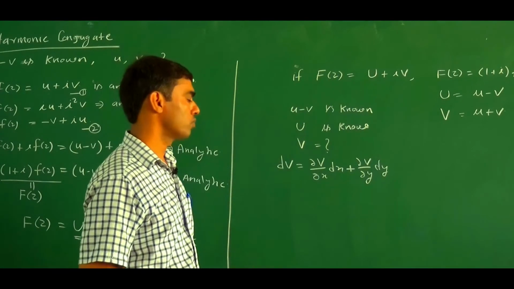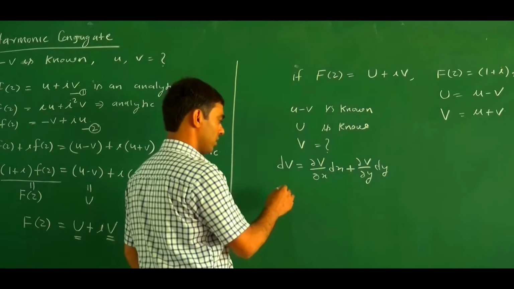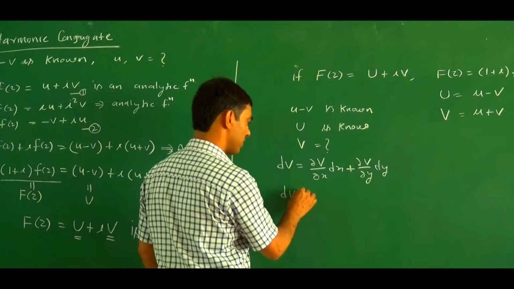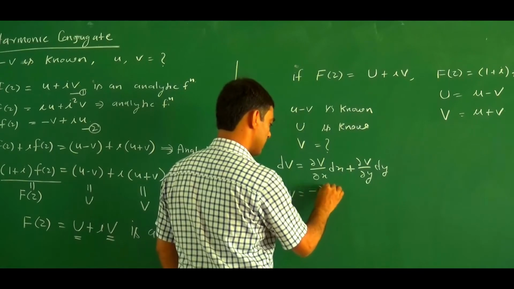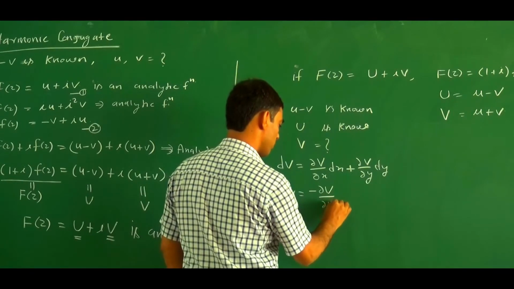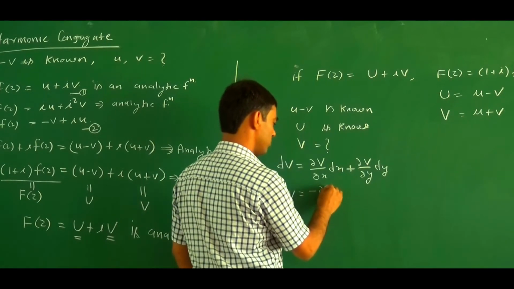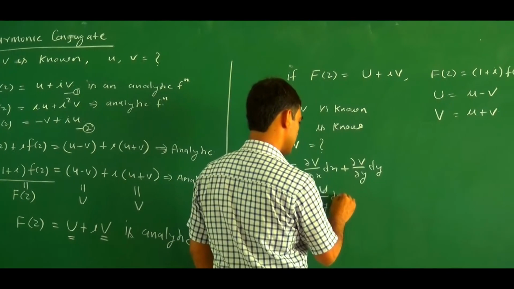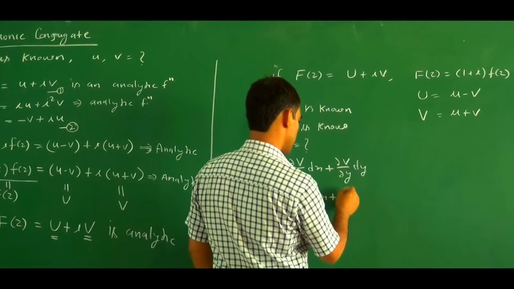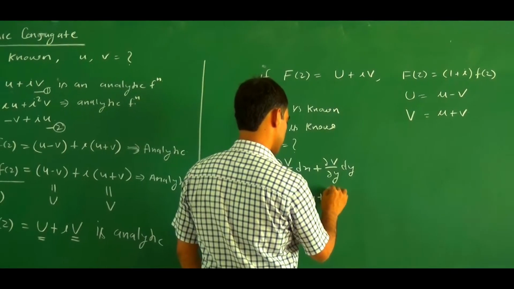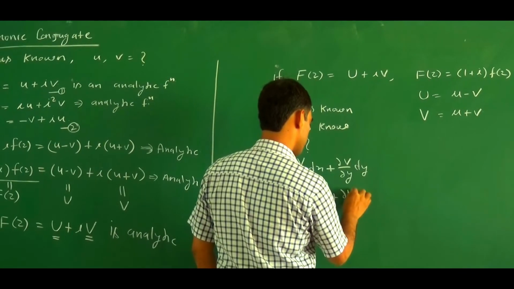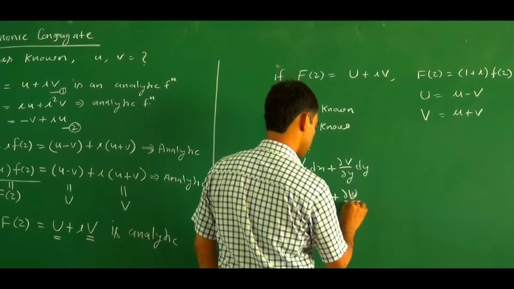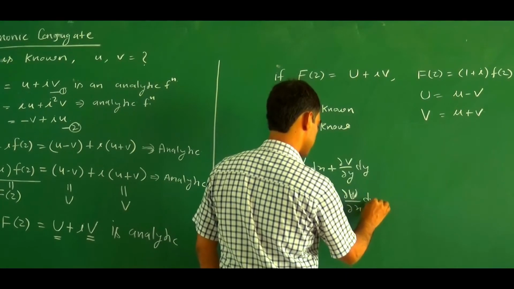So dV equals minus del U upon del y dx plus del U upon del x dy.